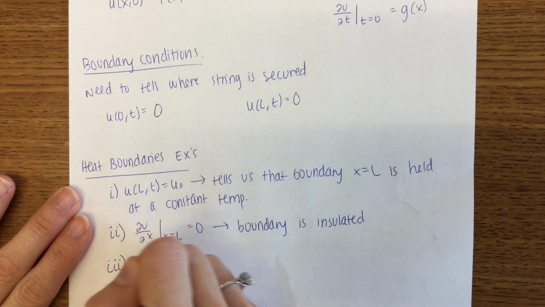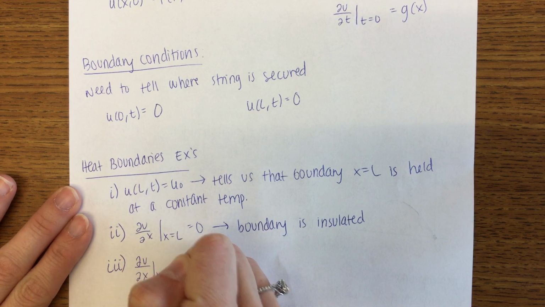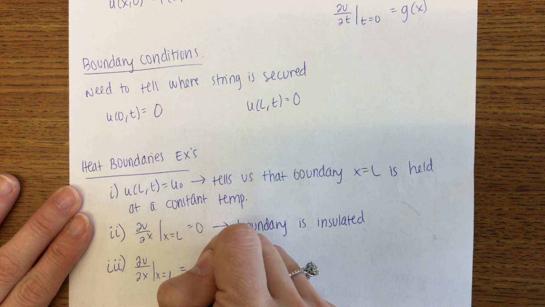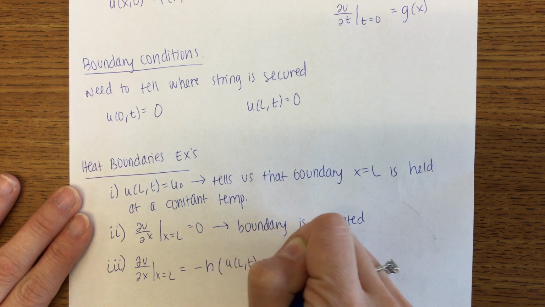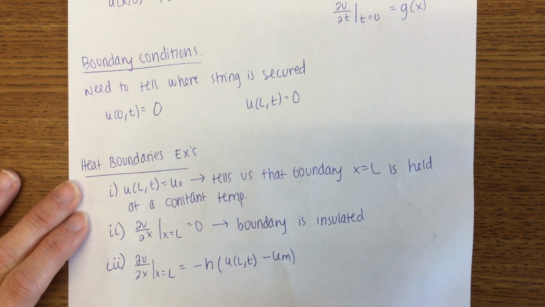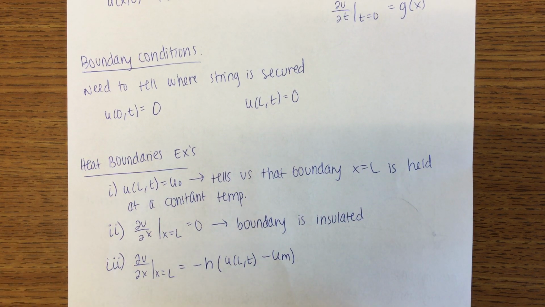Last one, partial u with respect to x at x equals L is equal to negative h times u of L, t subtract u sub m. This is a possible boundary.